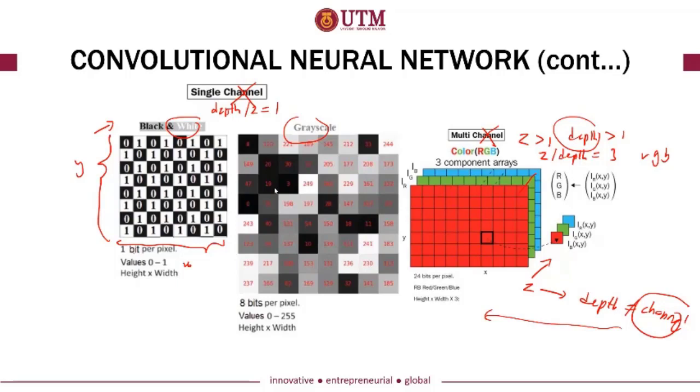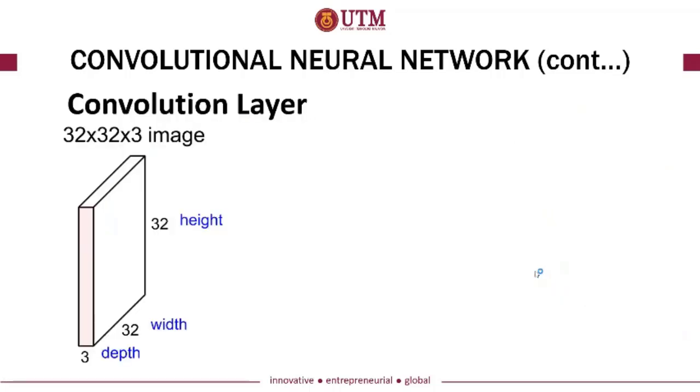Just to remind you that channel in an image processing book is not the same as in CNN, because CNN uses channel for the filter, but let's use depth, because image processing also calls this one depth, and CNN also uses the word depth to refer to the Z axis. So that's just to make sure that you are clear about that.